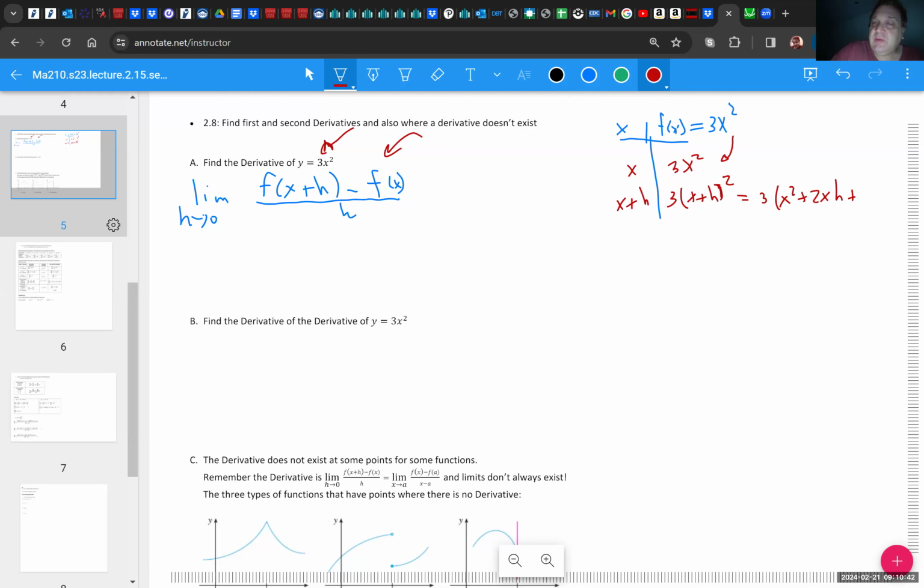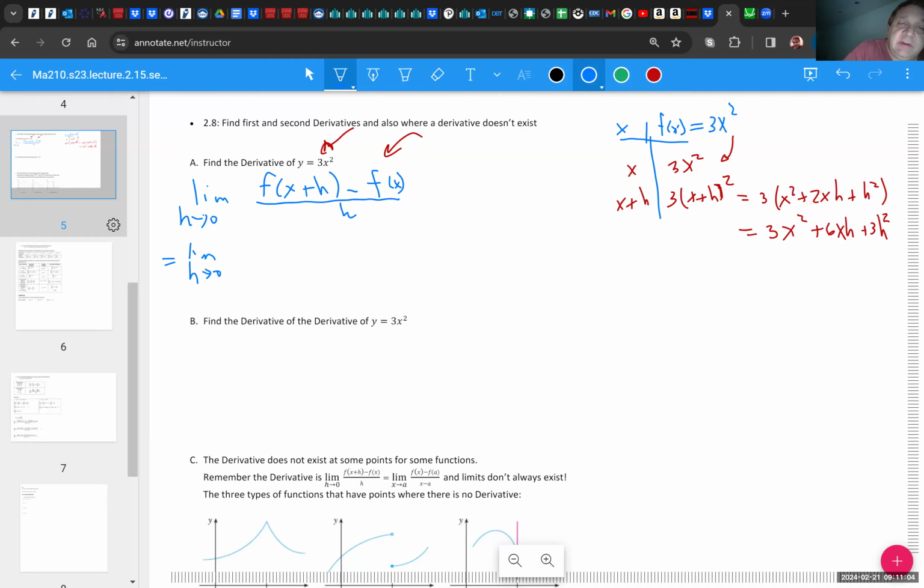Make sure to do your distributive properties or foiling or however you learned it so that you have all three terms here and that you multiply according to the order of operations. So you end up with 3 times each of those things. All right, so we're going to put that into this formula.